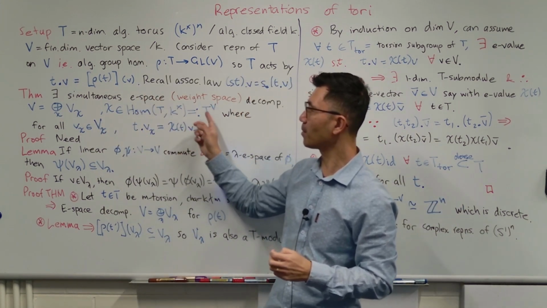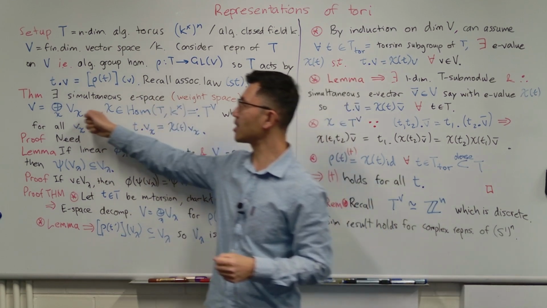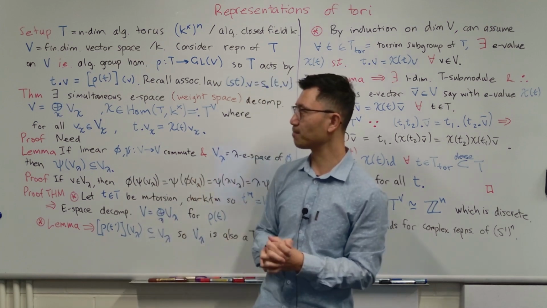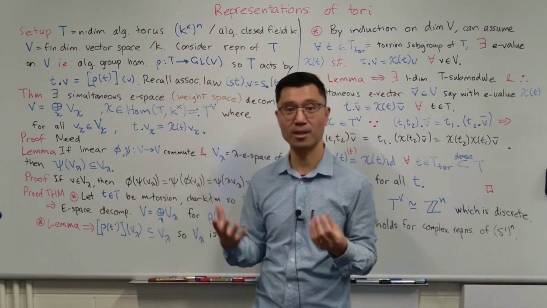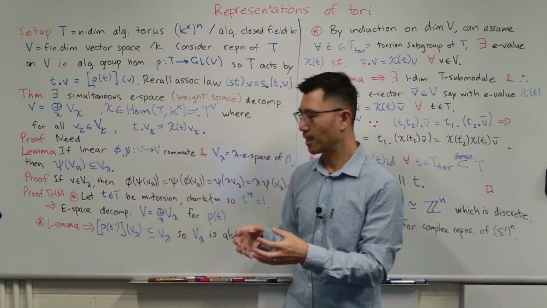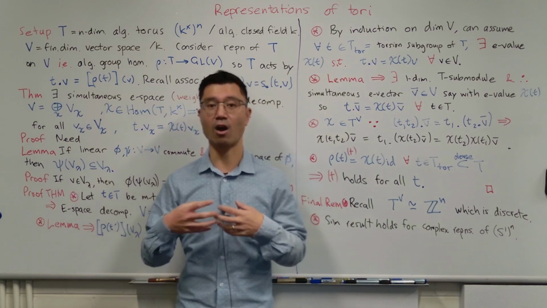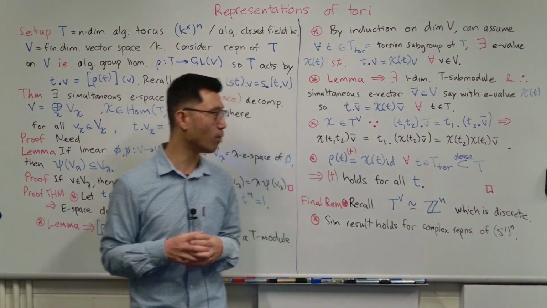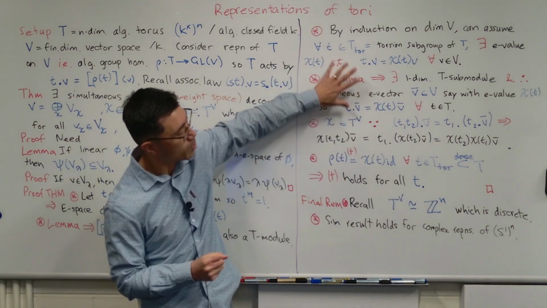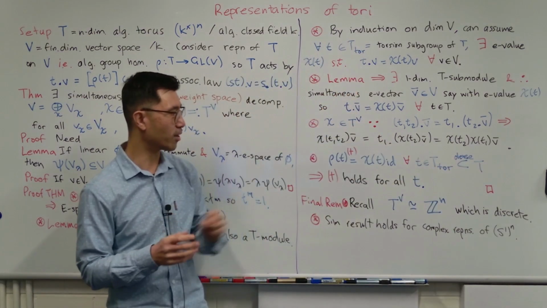In fact, we did induction, so we've reduced to the case where we have just a single eigenspace, and that proves the theorem. It's a lovely proof which basically bootstraps a lot of the linear algebra that you see to the setting of lots and lots of commuting endomorphisms, and that's how you get your answer. And you use a little bit of algebraic geometry at the end, the Zariski topology, to finish off the proof.